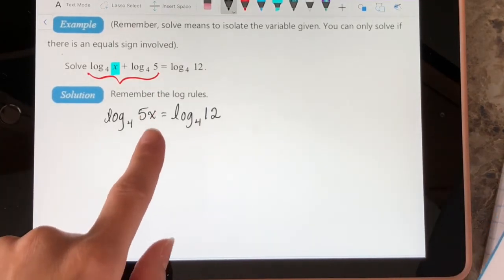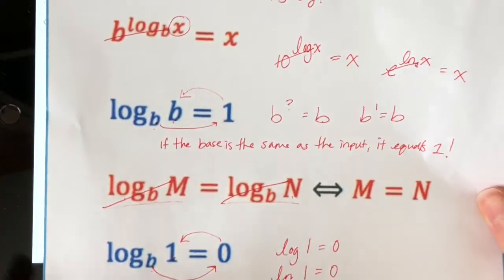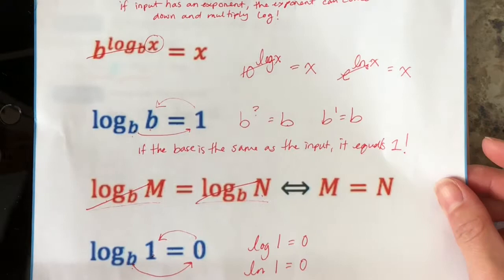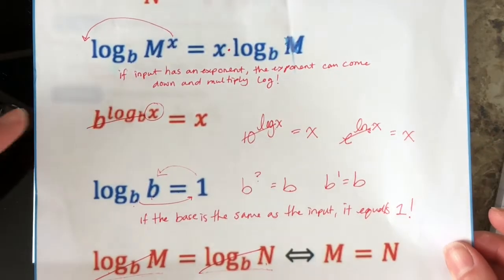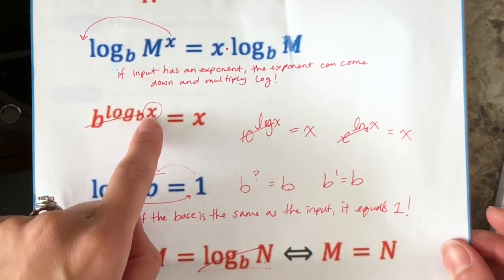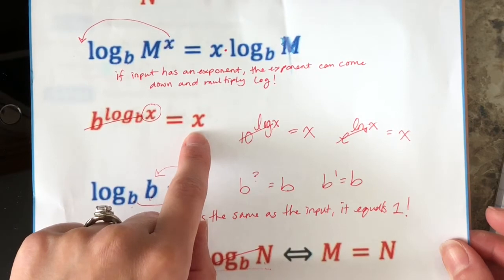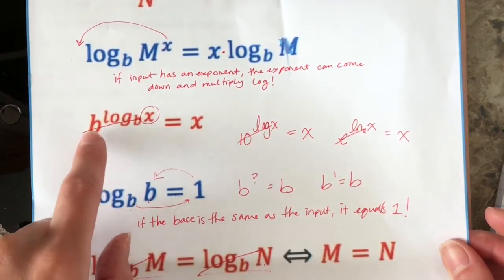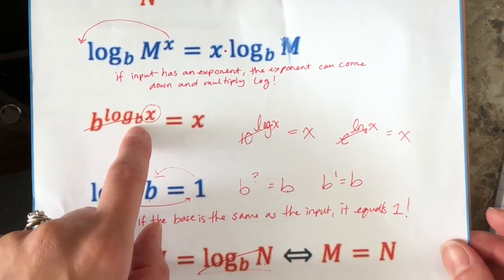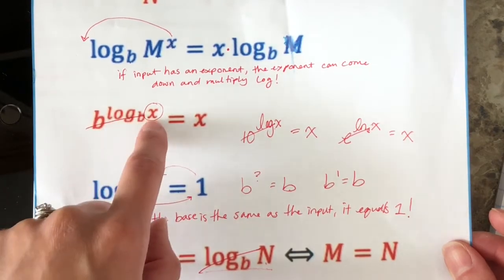With our x value stuck in an input, we look at our log rules and ask, which of these rules gets our input out? Which of our rules makes our input free? If I look, this one right here is a good way to get my input out from being stuck, and it gets it out by itself. This tells me if I have log base b of x, and I take that same value that the base is and raise the log from it, then it can cancel, leaving the input.